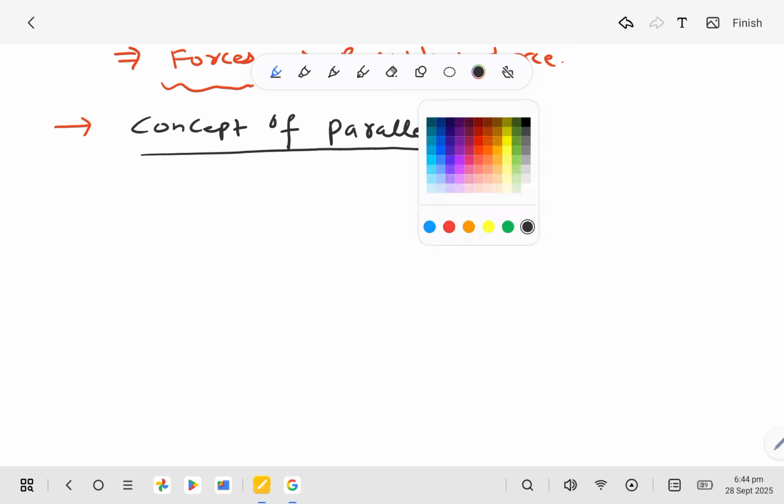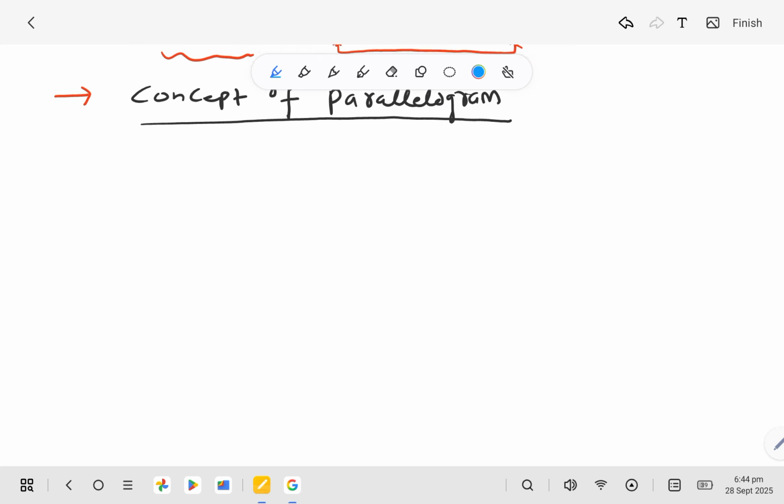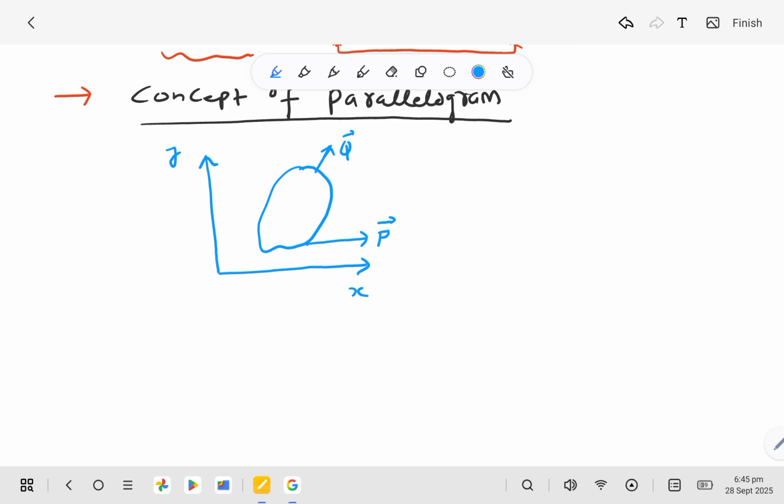Okay, so let's consider an object in this plane, and two forces, one is P, one is Q, acting on this object.